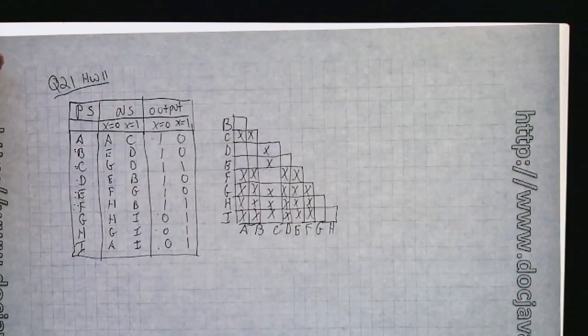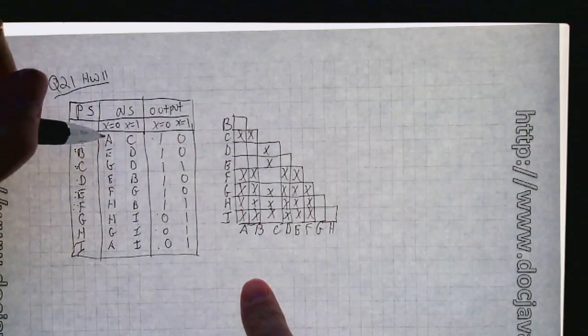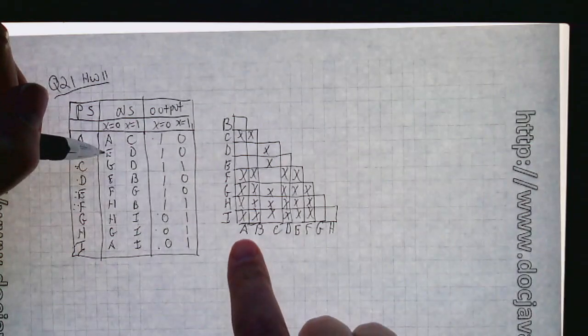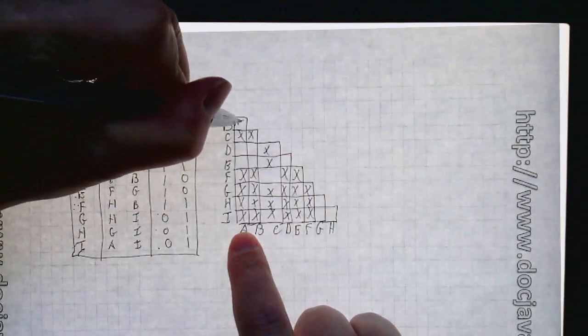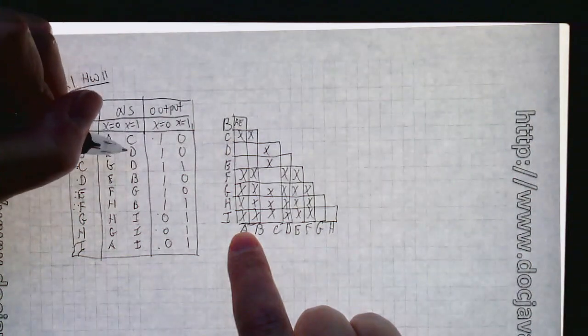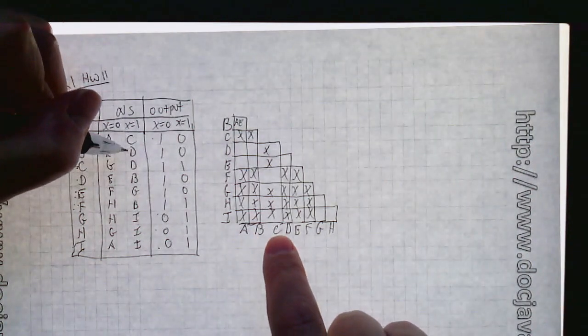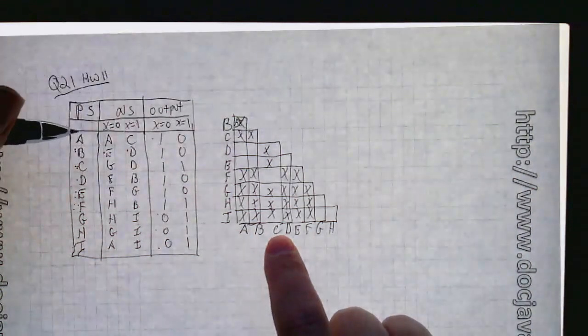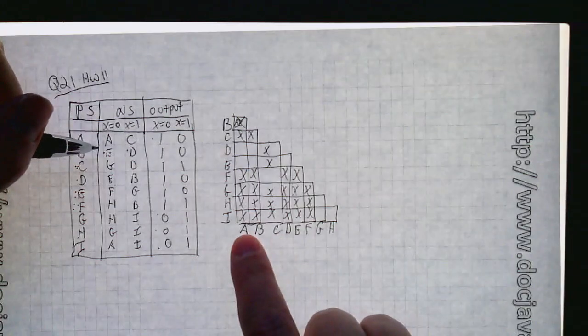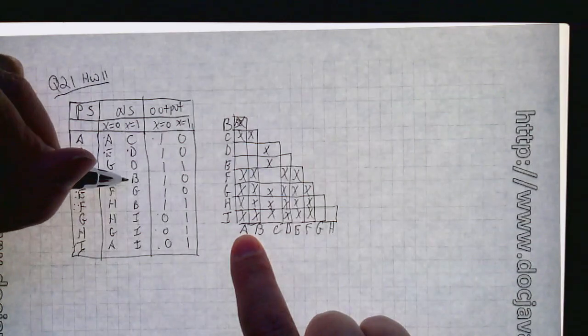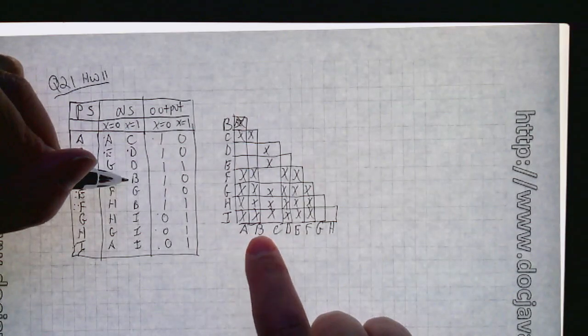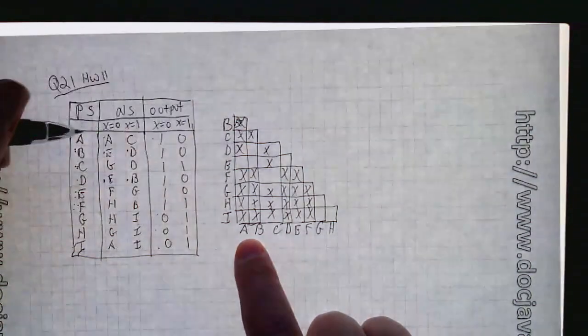Let's take a look at A and B. So A and B are going to be the same if A equals E and if C equals D. Does C equal D? No. So that can't be right. A is equal to D if A equals E and if B equals C, but we know B doesn't equal C, so that can't be right.